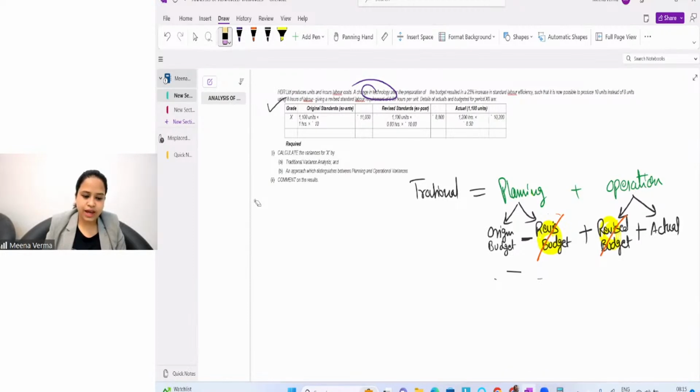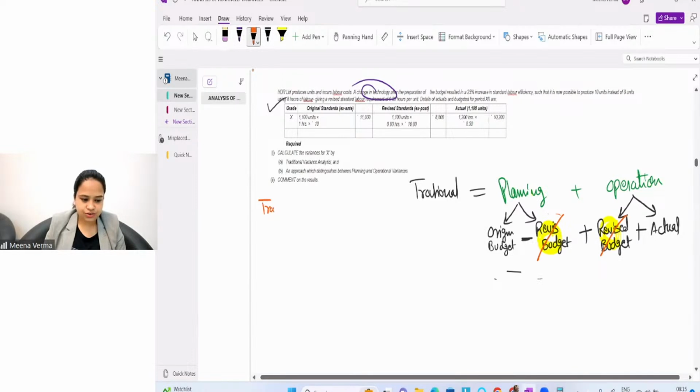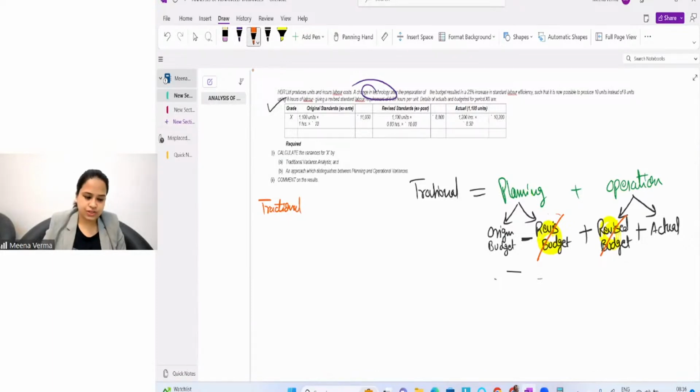So what do we have to do? We have to find out the traditional efficiency variation, traditional rate variation. So I'm finding traditional rate variation. What will be the traditional rate variation?